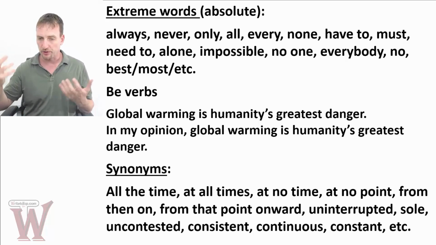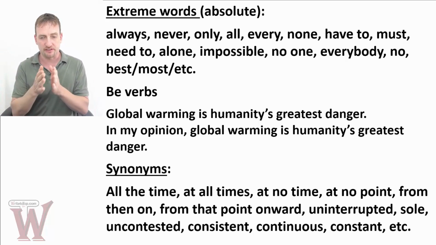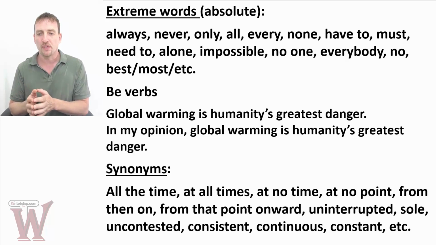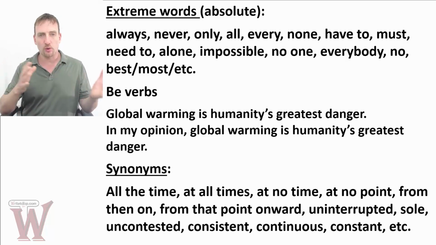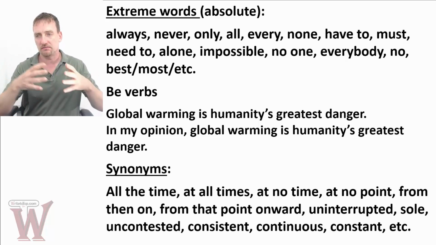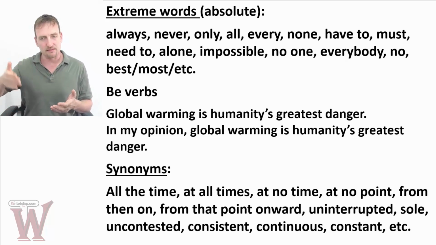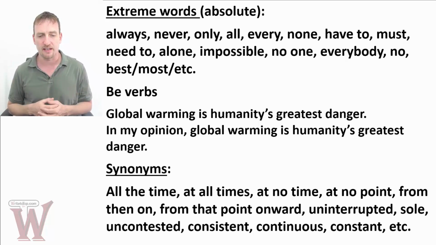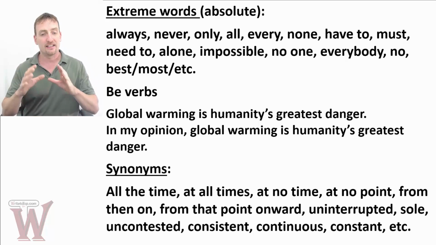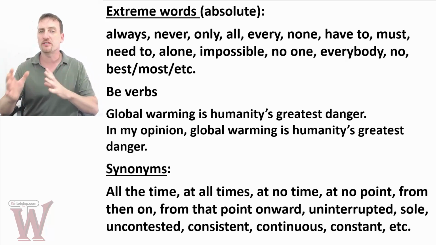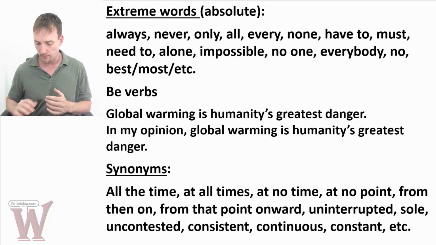From that point onwards, same thing. Uninterrupted means there's no break in the frequency. Only, sole. Uncontested means there's nothing else that could be whatever the context is making it to be. Consistent means it keeps going the same way, in the same pattern without break. Continuous, constant. So these are all synonyms. So these are the words you're going to have to match, okay?